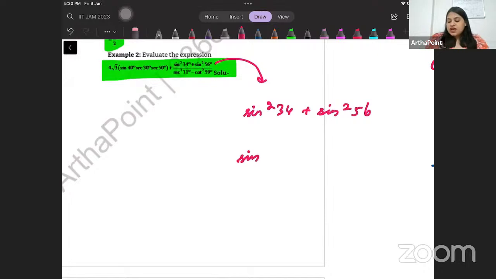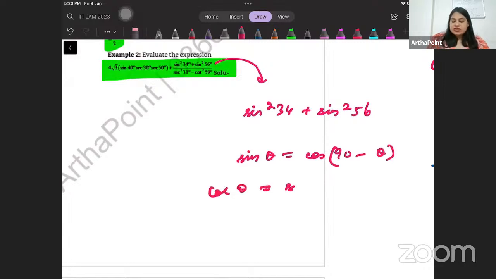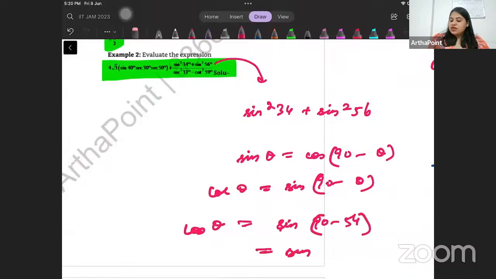We know that sine theta is cos 90 minus theta, and cos theta is sine 90 minus theta. If I have to find in terms of cos, then cos theta will be sine 90 minus 56, so sine 34, right?